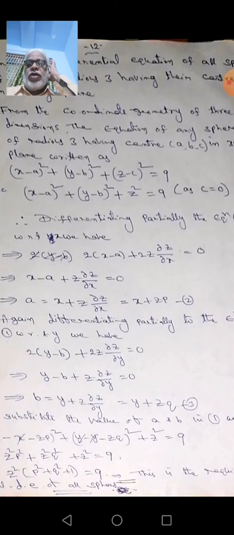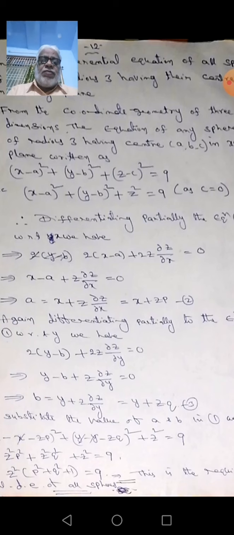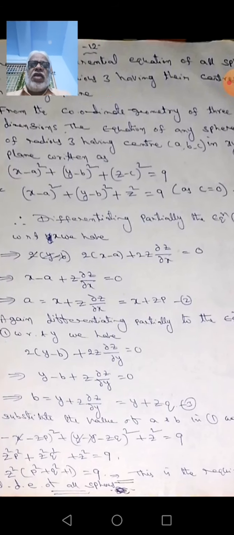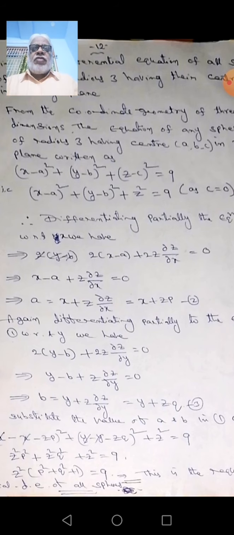So a is equal to x plus z dou z by dou x, which is x plus zp, that is, the value of a is equal to x plus zp. That is the second equation. The first equation is (x minus a) whole square plus (y minus b) whole square plus z square is equal to 9. This is the second equation.